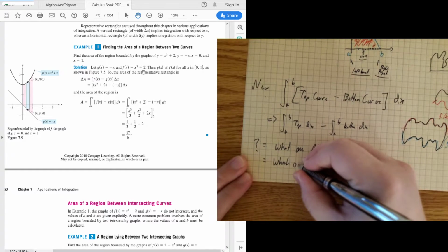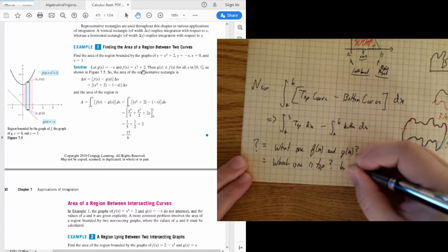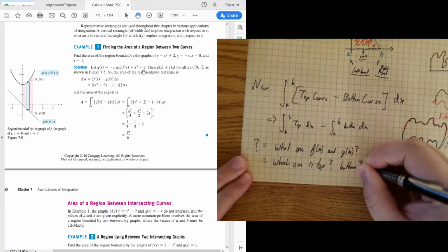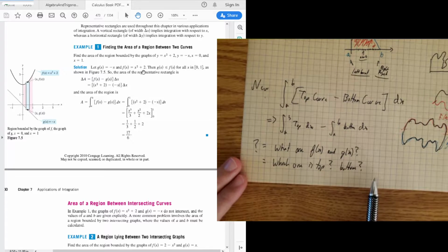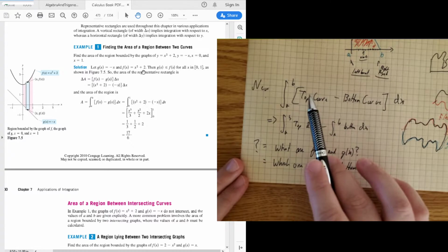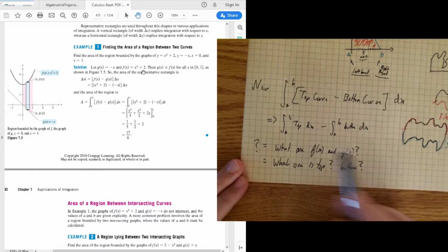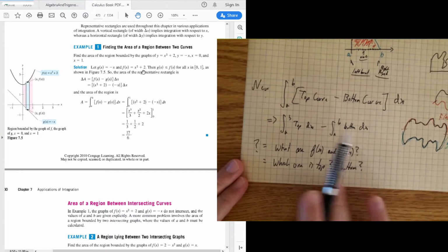So which one is top and which one is bottom is the other really big important question. Because if you put the wrong one in the wrong place, you're going to get a wrong answer. If you put the bottom where the top should be and the top where the bottom should be, this answer will be wrong. So these are the big questions that are going to be pervading today: how do you figure out these pieces?